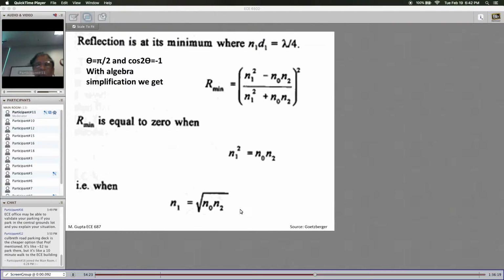Sunlight has wavelengths from UV to infrared. So according to this equation, you will need different thicknesses to have anti-reflection for different wavelengths. So how do we overcome that? Let me answer that question.